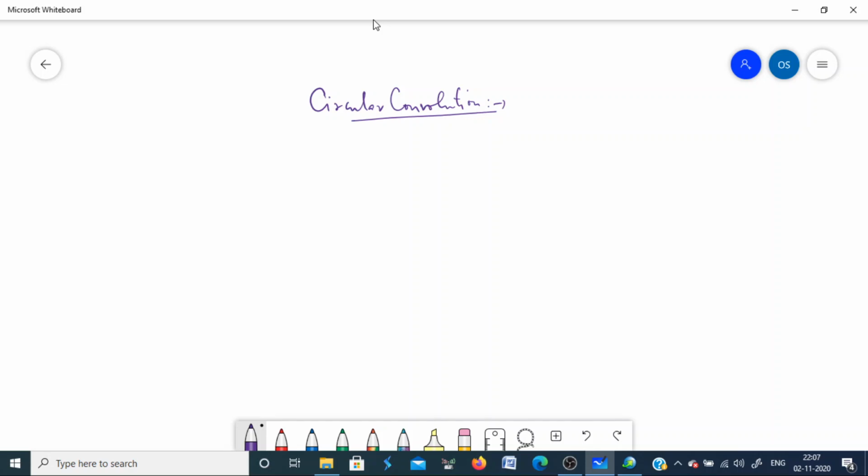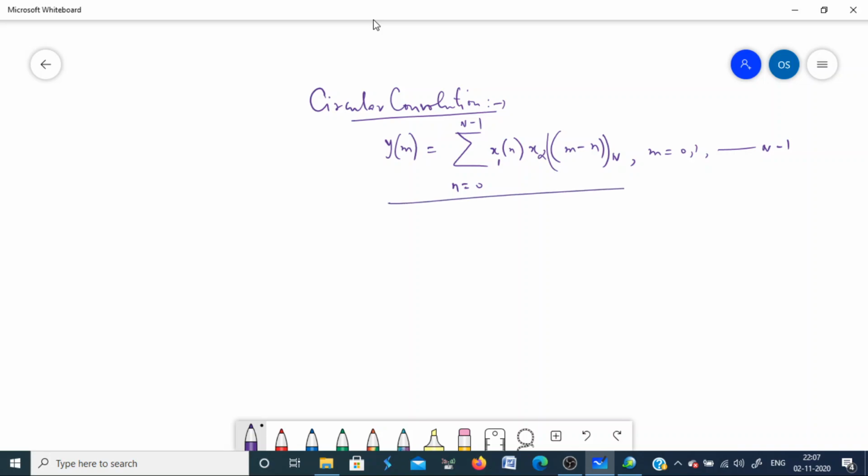We derived an equation where y(m) is equal to the summation of x1(n) into x2((m minus n) modulo N), from n equals 0 to N minus 1, where m is from 0 to N minus 1. This is what we have called circular convolution. In place of y(m) we have written here x3(m).